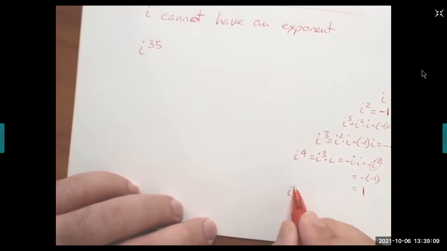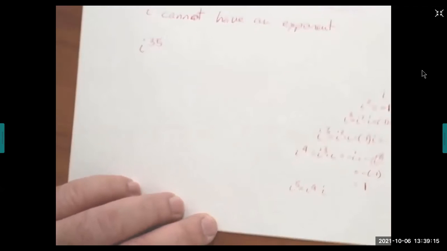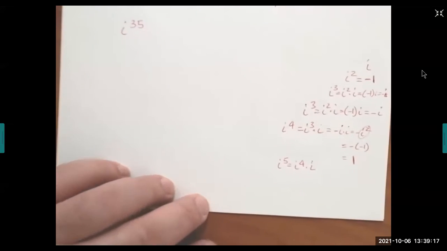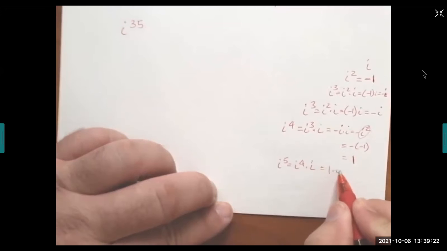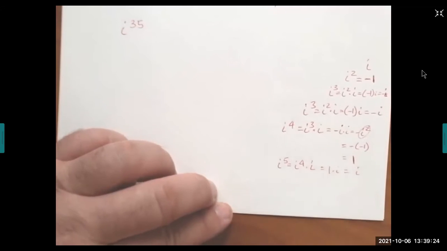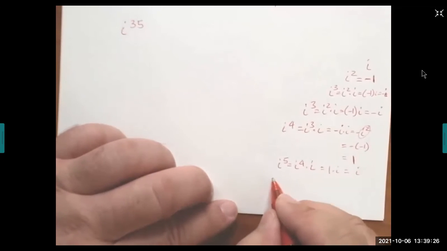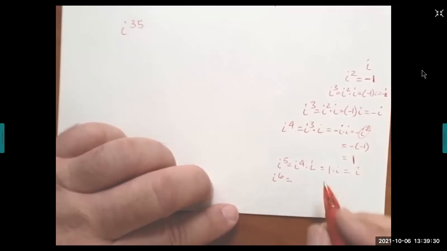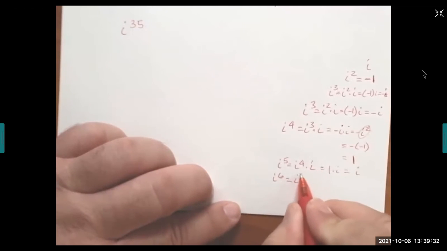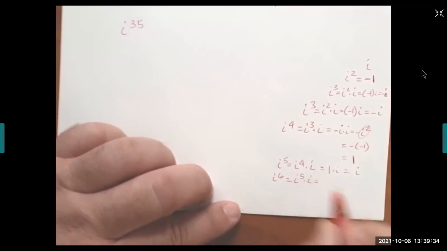And continue. Let's do a couple more times. i to the fifth is i to the fourth times i. All I'm doing is increasing the previous line times i. i to the fourth is 1. 1 times i is i. i to the sixth is i to the fifth times i.